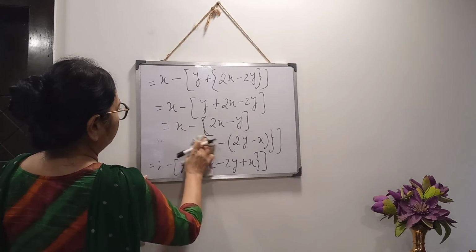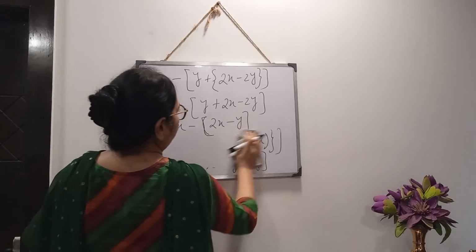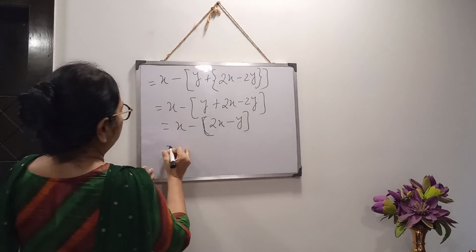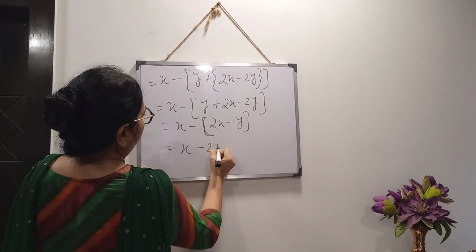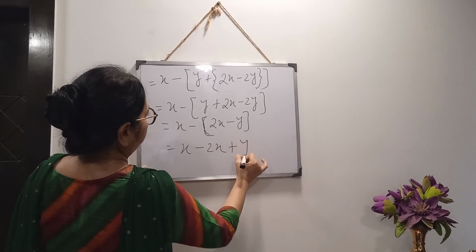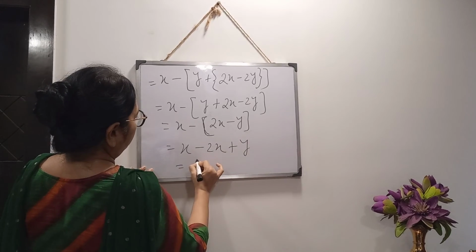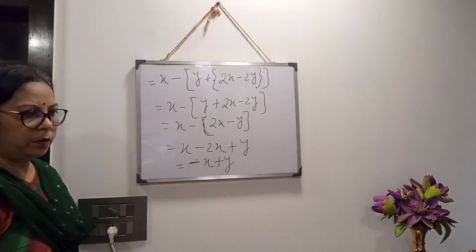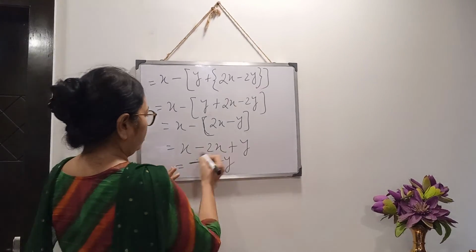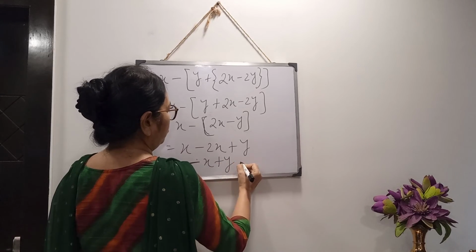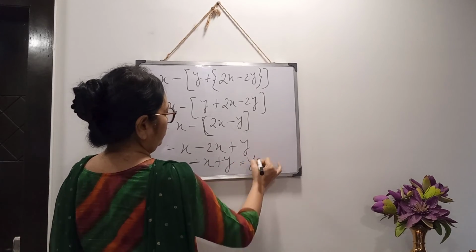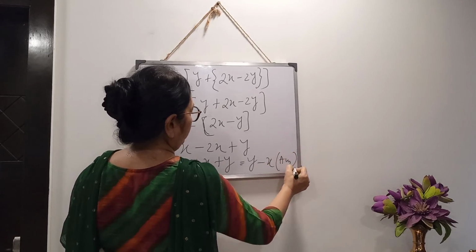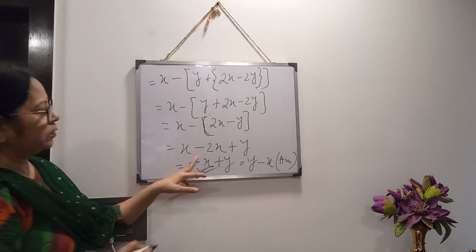Then remove the third bracket. Minus minus plus. So y, x minus 2x means minus x plus y. Or you can end here, no problem, you will get full marks. Or if you want to give the positive term first, you will write y minus x. But if anyone ends here, no problem, this is the answer.